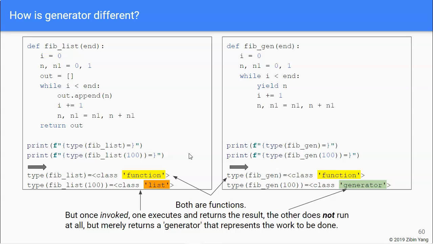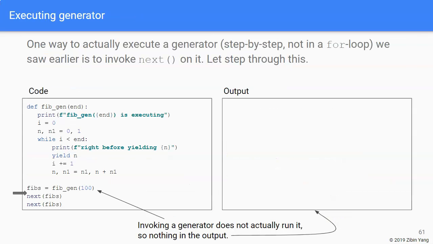Now that we have a generator, we want to be able to actually run it. The most common way to run a generator, as we saw earlier, is just to use a for loop on it, which is the nice syntactic sugar that gets all the results from a generator.